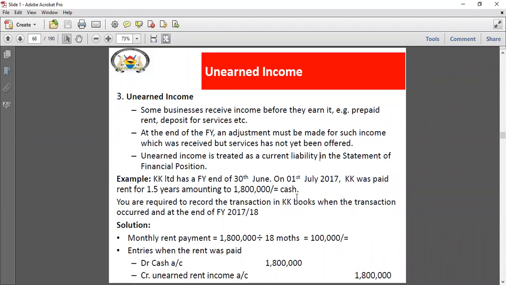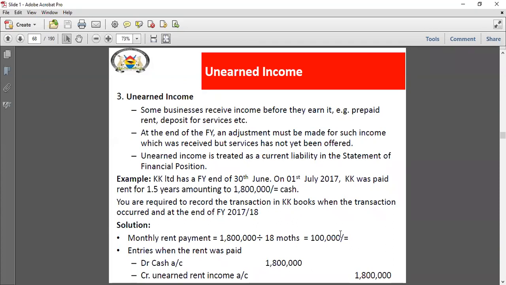You're required to record the transaction in KK's books when the transaction occurred and at the end of the financial year. You get it? So our monthly rent will be this 1.8 divided by the 1.5 years. And 1.5 years is the 12 months plus the half of the year, which gives us 18 months that we are recognizing here to get 100,000.